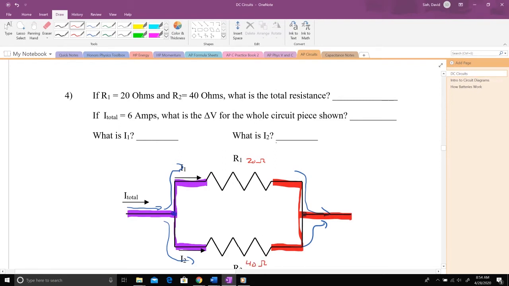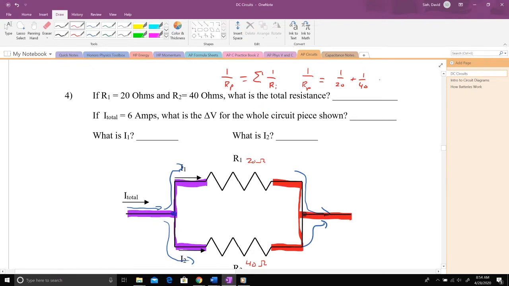My total resistance, they're in parallel, so I would use the parallel formula for resistors in parallel. That's 1 over the total in parallel is going to be the sum of the reciprocals of all the individual resistances. So in this case, 1 over my R parallel is going to be 1 over 20 plus 1 over 40.